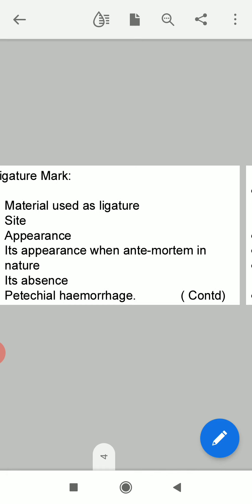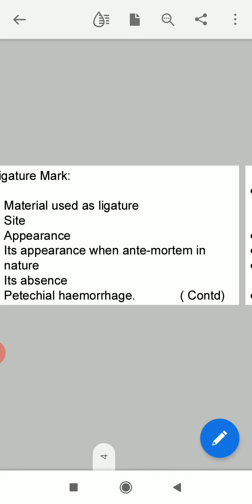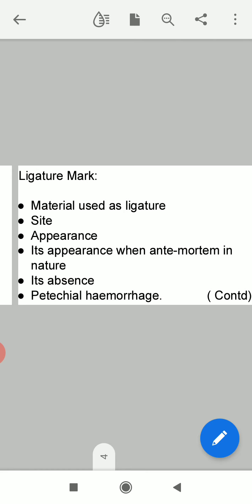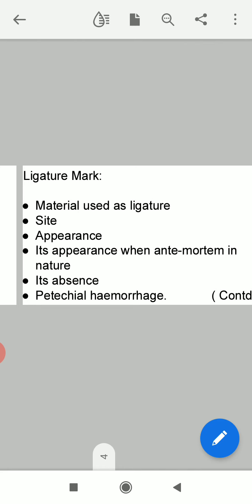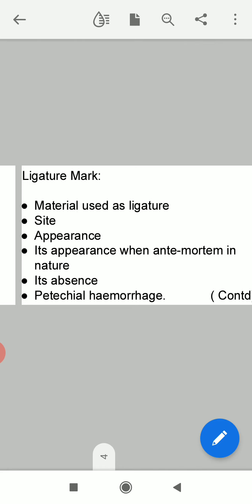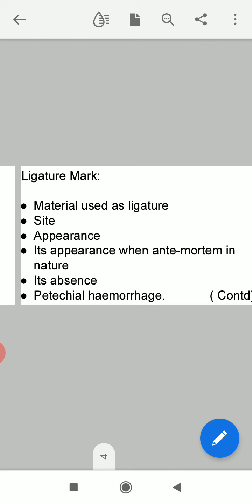These are not seen when the ligature mark is postmortem, when strangulation is done on the dead body. So its appearance is important to know whether the ligature mark is antemortem or postmortem. Sometimes the ligature mark may be absent, especially at the back.